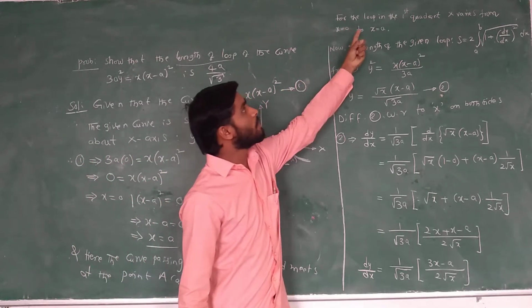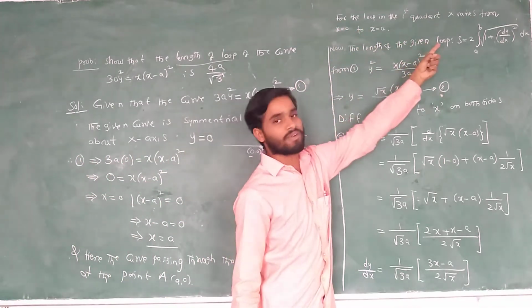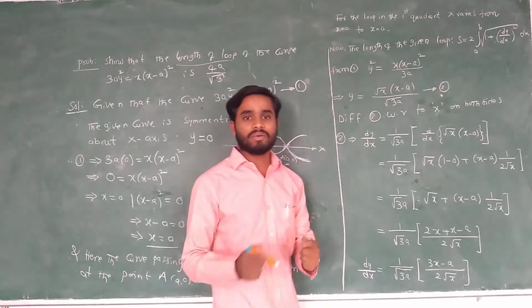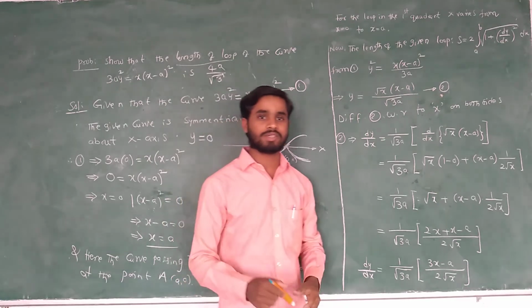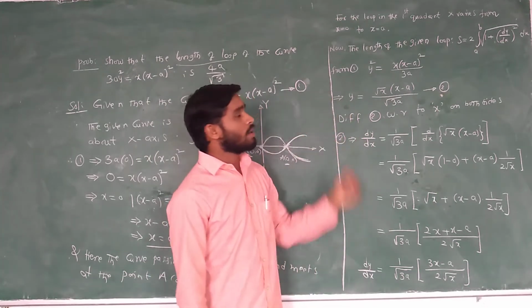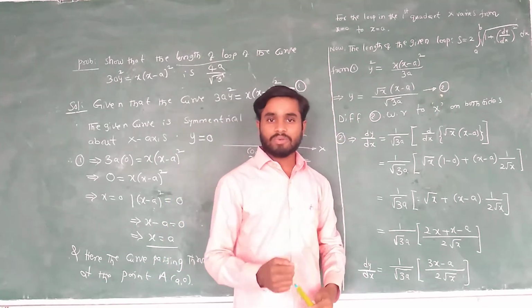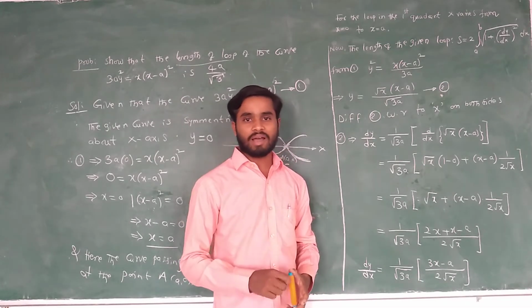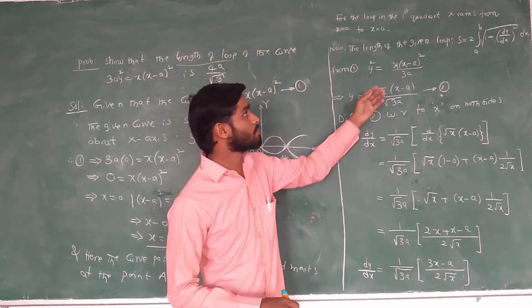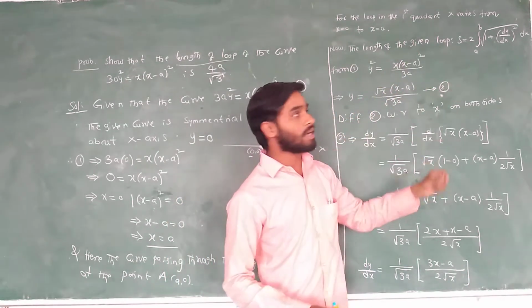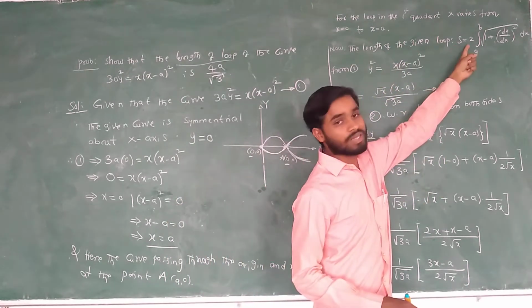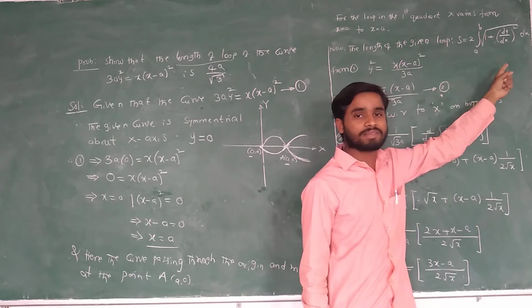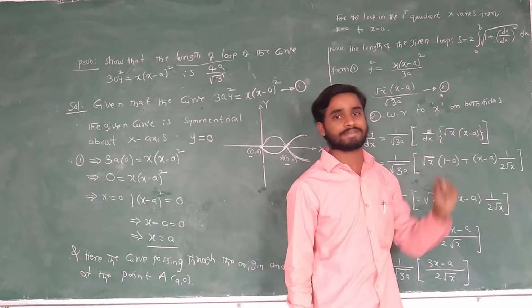For the loop, as I said earlier, x varies from x = 0 to x = a. To find the length of the given curve, we have the formula, denoted by the letter s: s = 2 times the integral from a to b of the square root of 1 plus (dy/dx) squared dx.